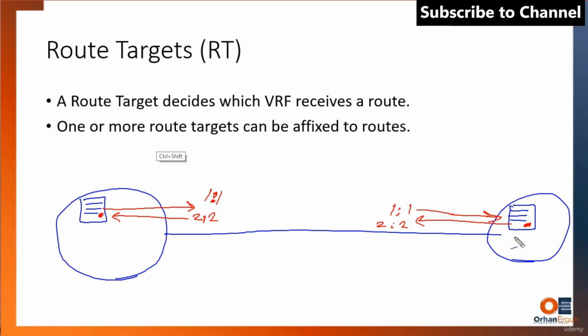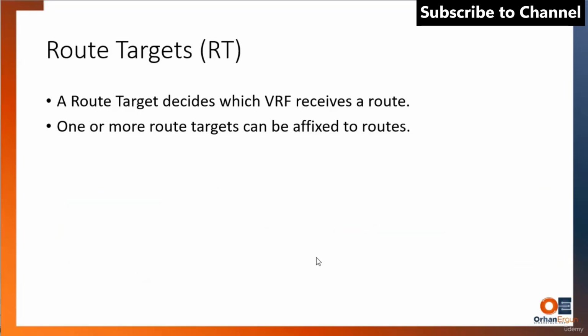Let's say that I have another routing table here, and for some reason, anything that comes from the other side with a route target of 1:1 needs to be imported here as well. So I can do that. I can say I am importing 1:1 as well. So this is possible. There are scenarios which we are going to cover and tell you in which situations we do this, but right now we are going to just go with this.